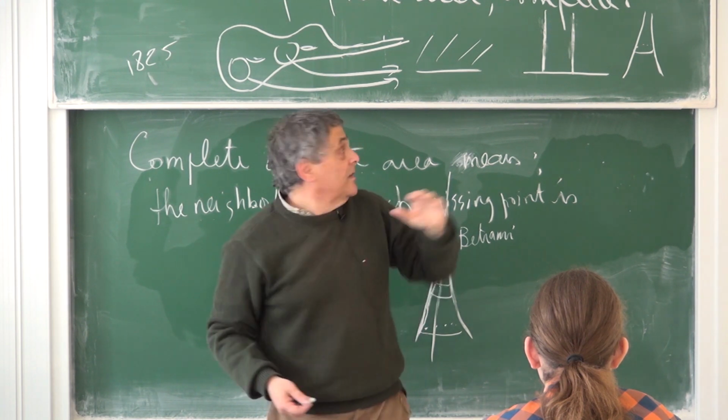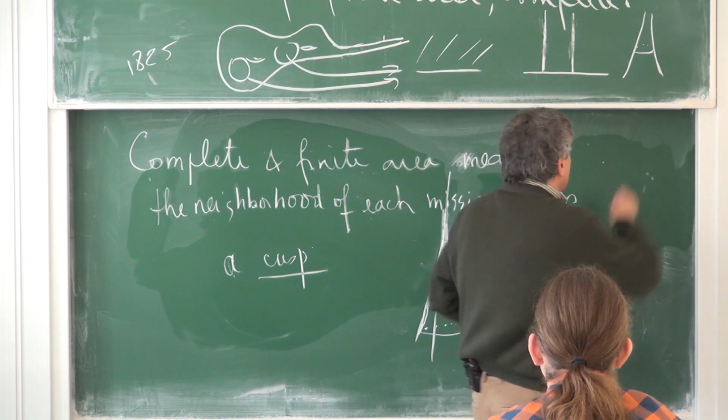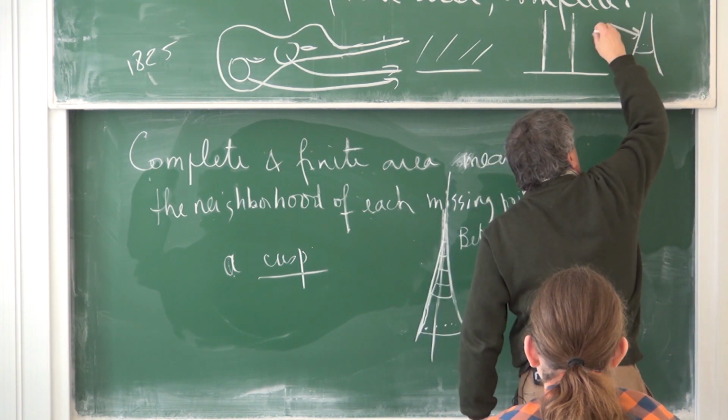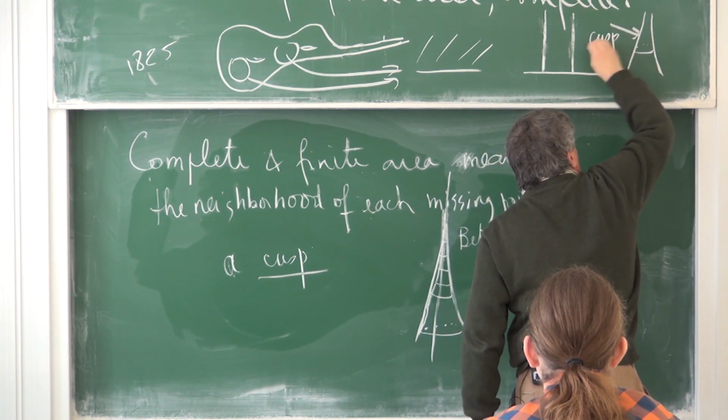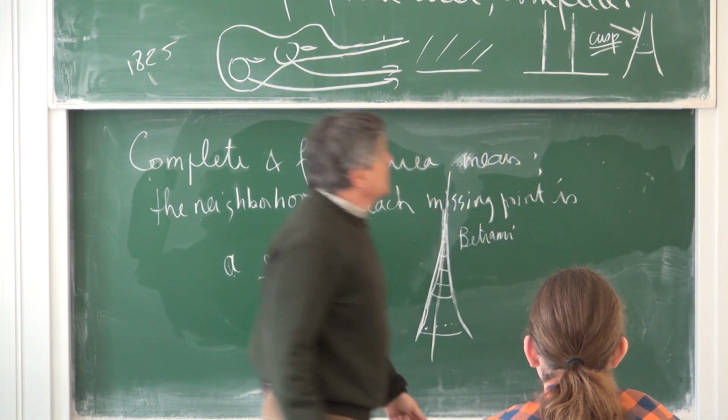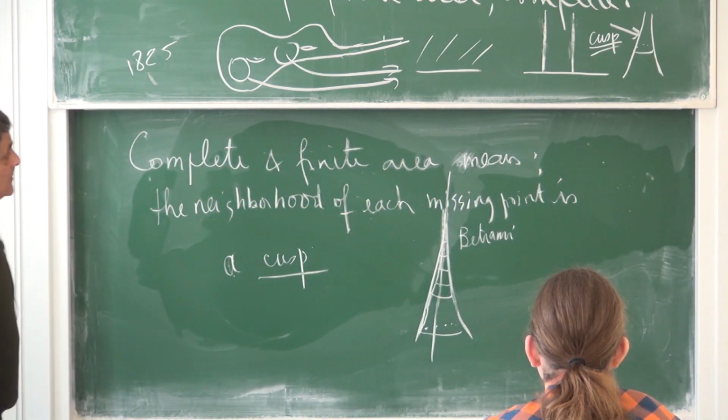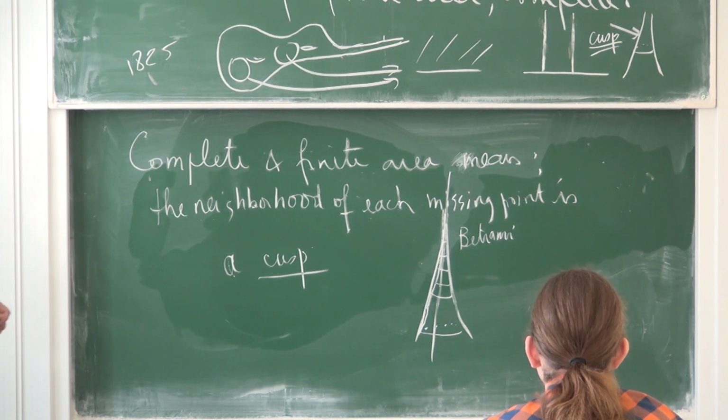And the other side is infinite area, and this one side of finite area is called a cusp. So this is very important for what will happen later.